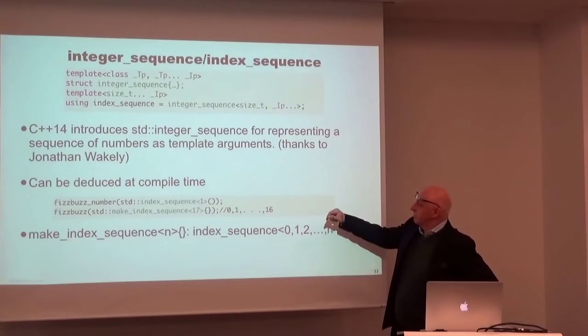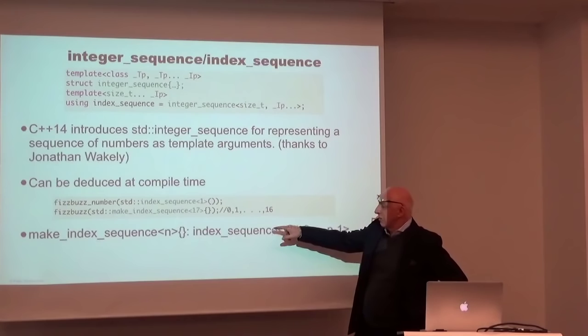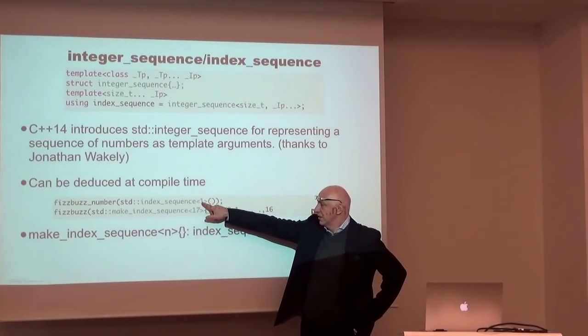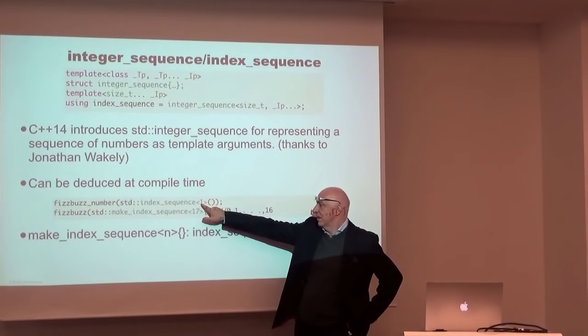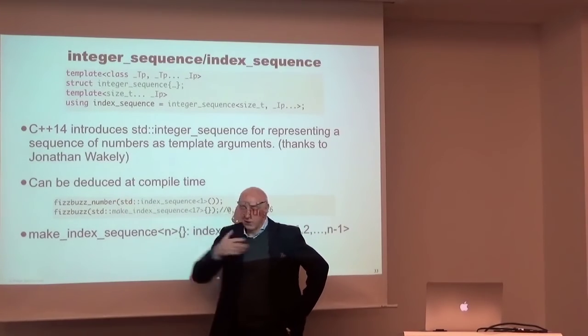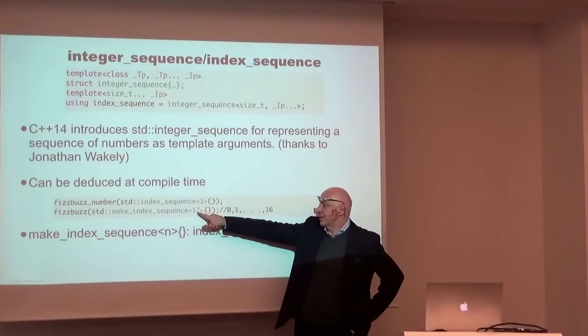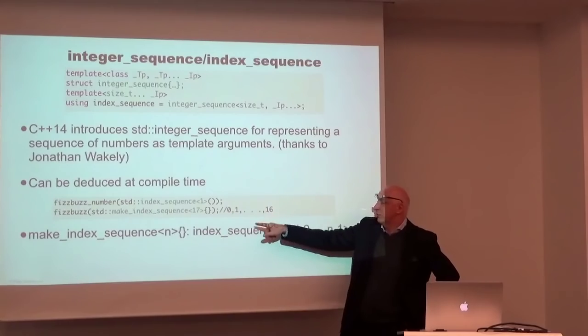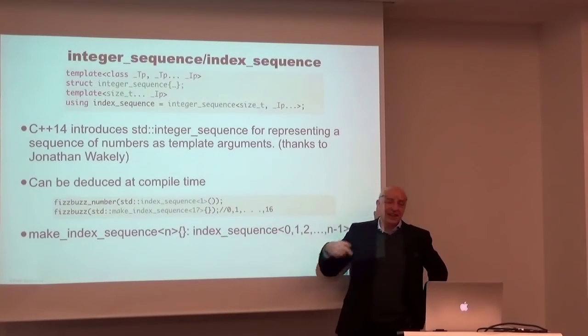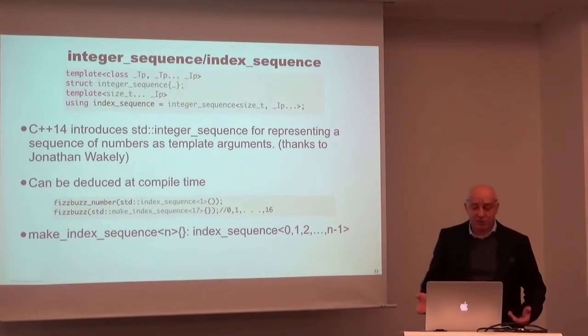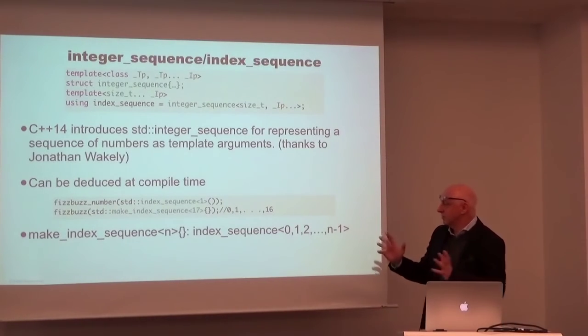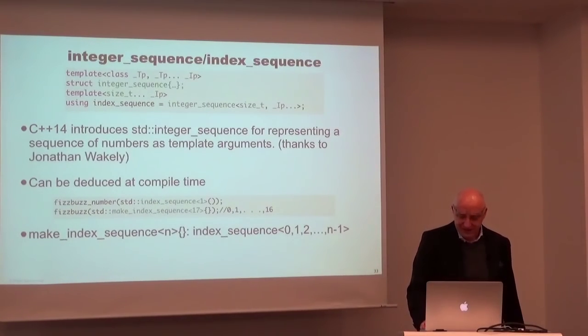The interesting part: when I call, let's say, here, 1 is a template argument, and it gets automatically deduced when calling out to FizzBuzz number. And make index sequence actually creates an index sequence with a list of values 0 up to n-1 as a type. So everything is done at compile time without any runtime overhead.